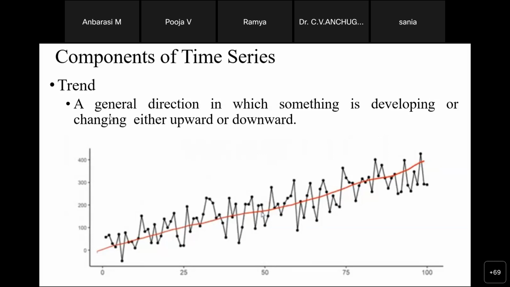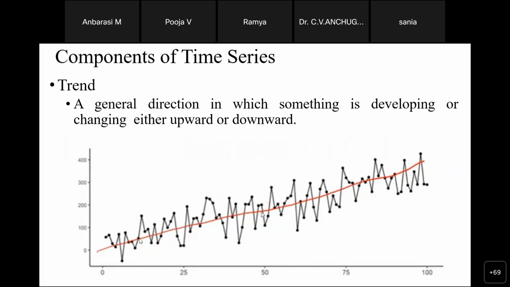See here, trend is the general direction in which something is developing or changing, either in an upward direction or a downward direction. This is one of the most important components of time series analysis. Generally the trend increases or decreases in value over a period of time.